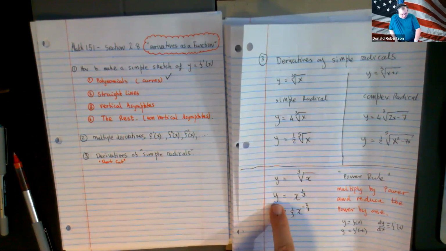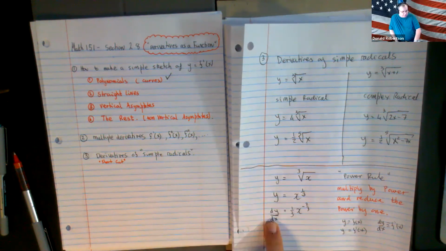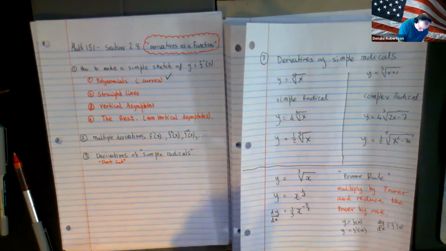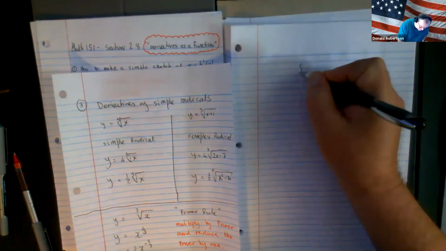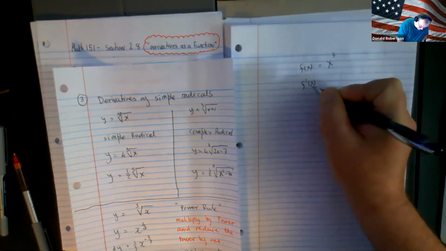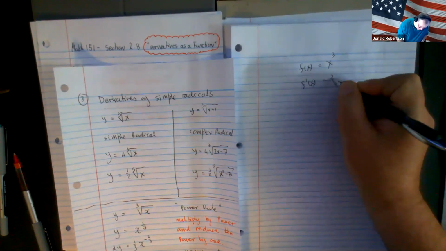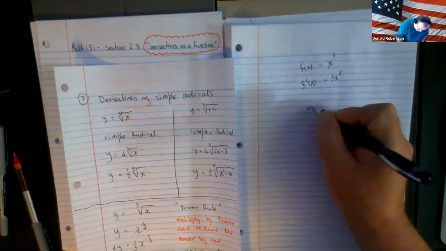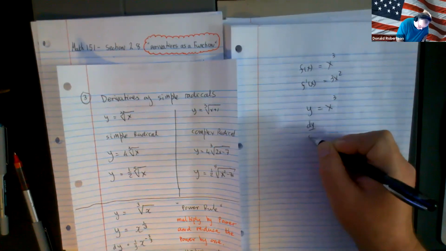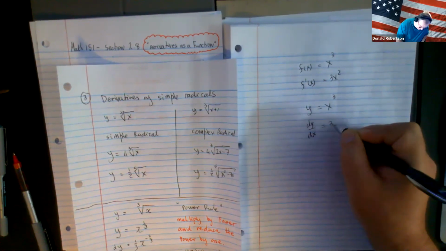So if I want to tell people I've now got the derivative, the notation that I'm going to use is probably this. If you get a question that says f of x equals x cubed, then you will probably write down the derivative f dashed of x is 3x squared. But if somebody says y equals x cubed, you're going to say the derivative, dy by dx, is 3x squared.